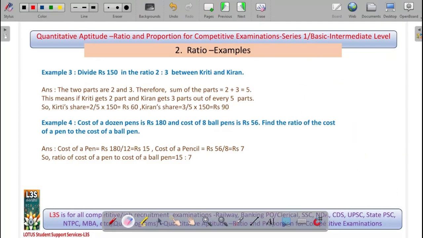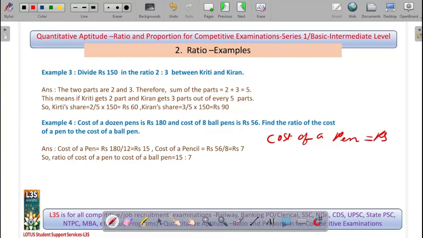Next question. The cost of a dozen pens is 180 rupees and the cost of 8 ball pens is 56 rupees. Find the ratio of the cost of a pen to the cost of a ball pen. Now, the cost of a pen, how much? 1 dozen means 12 numbers.